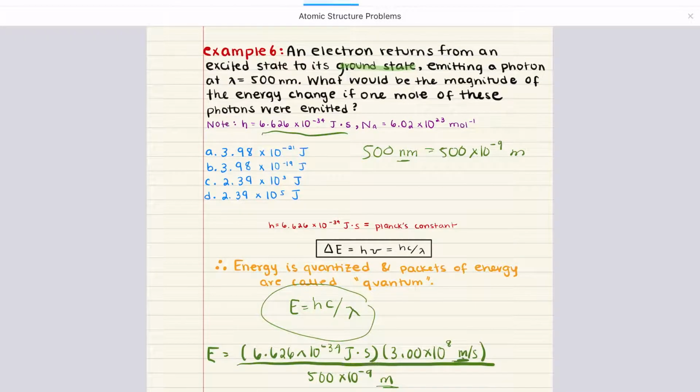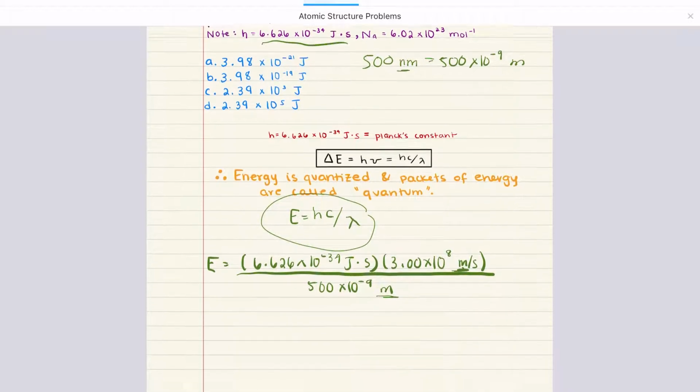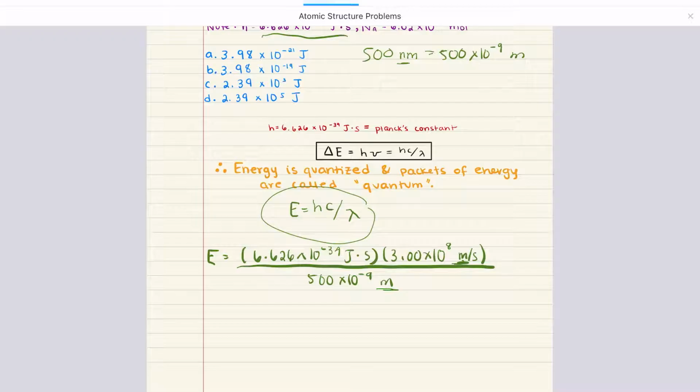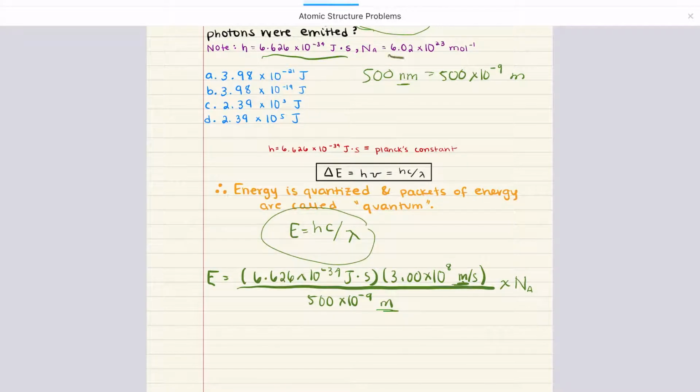Our problem does ask for the magnitude of the energy change if we had 1 mole of these photons. So the way that we can compensate for this is by multiplying this by Avogadro's number. Avogadro's number is given to us in the problem at 6.02 times 10 to the 23 per mole. So we can plug that in here as well.